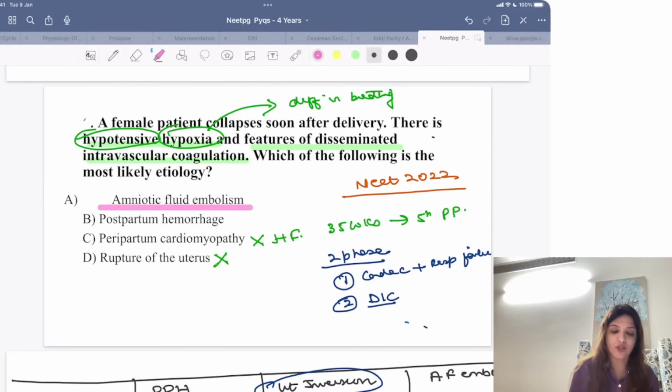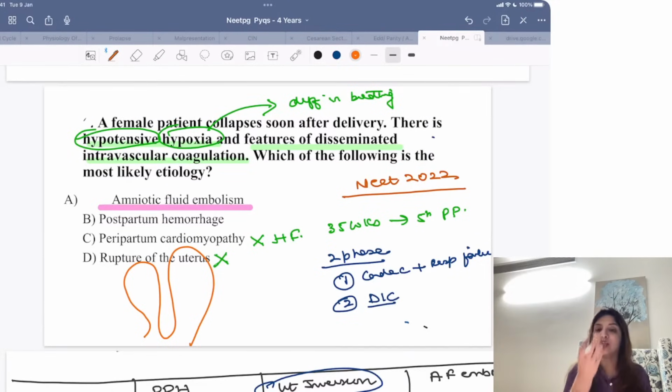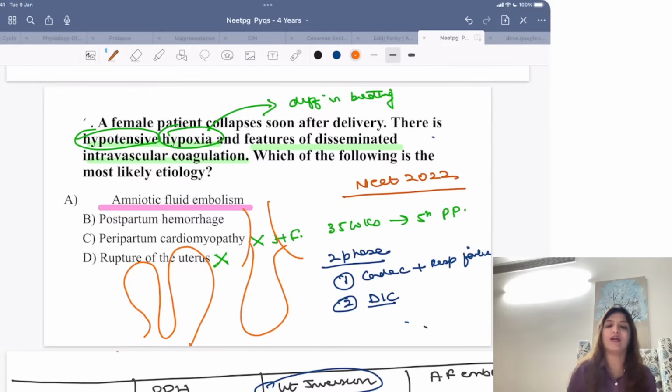Now, someone has asked me how to differentiate in images between uterine inversion and prolapse. When there is uterine inversion, it is the fundus of the uterus which is going to come out. So, if you see a mass which is hanging out from the vulva and you cannot see the os, that means it is an image of inversion.